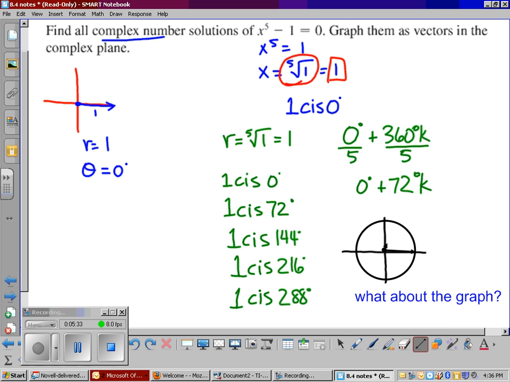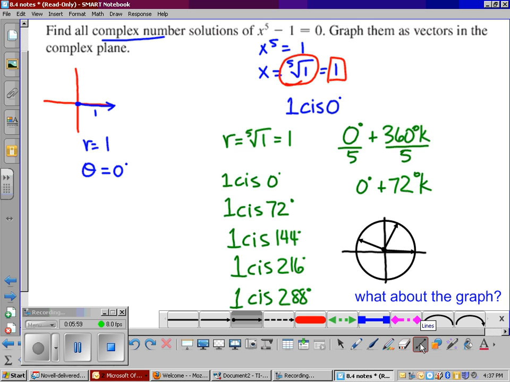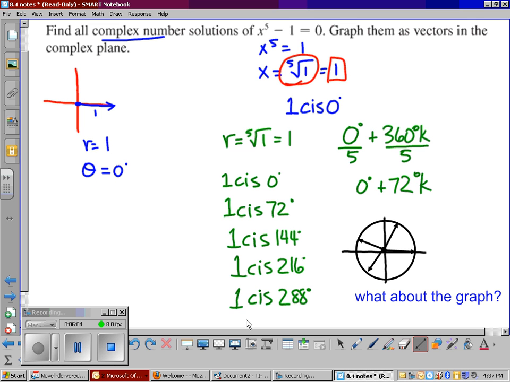My next vector will be at 72 degrees, and I'm just going to approximate, and then 144 degrees is somewhere over here in quadrant 2, and then 216 will be down here, and then finally we have a vector that's over here.